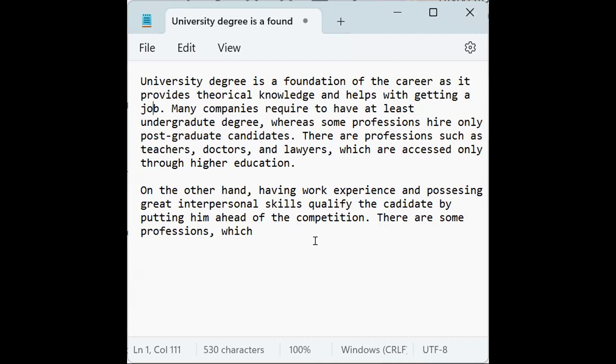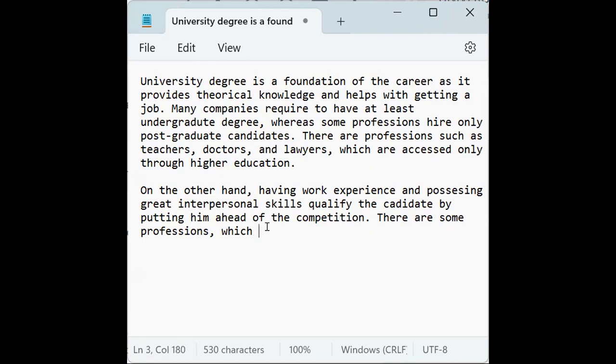And with the second one, I haven't finished, but let me just let you know the way we can write it. On the other hand, having work experience and possessing great interpersonal skills qualify the candidate by putting him ahead of the competition.